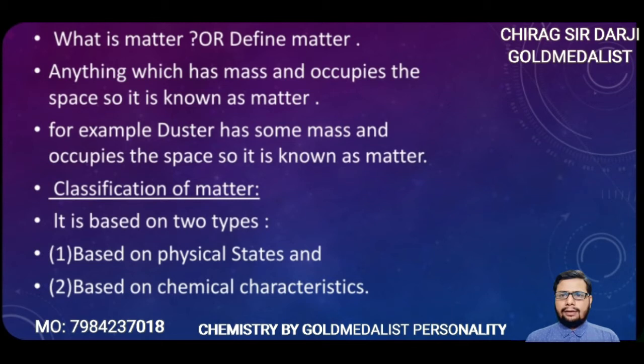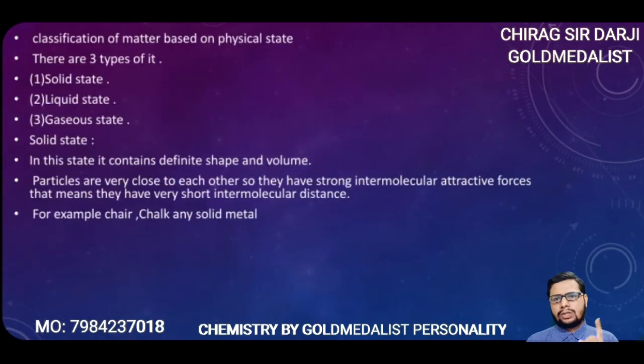Now next we are going to discuss the classification of matter. The classification of matter is divided into two parts. First is based on physical states and second is based on chemical characteristics. Based on physical states, it has three parts: solid state, liquid state and gaseous state.